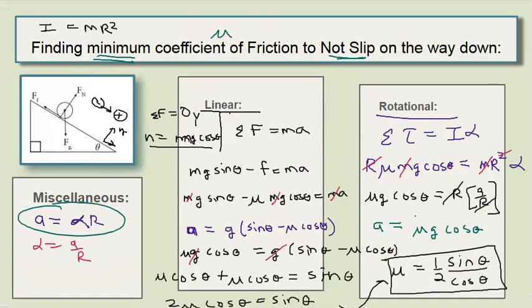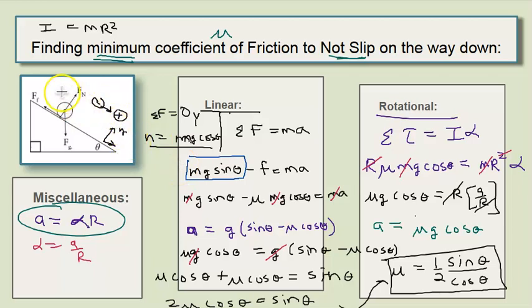On the way down, if it were a frictionless incline, you would just have mg sine. And so the fact that we're subtracting friction means it is speeding up at a lesser rate, right? It should be speeding up at g sine theta, but we're subtracting stuff from it. So it's gaining speed not as quickly as it should.